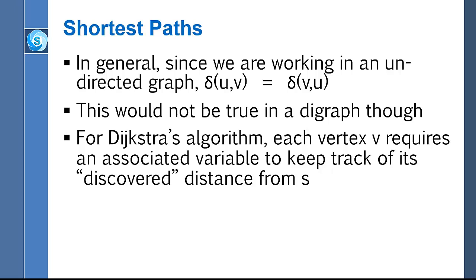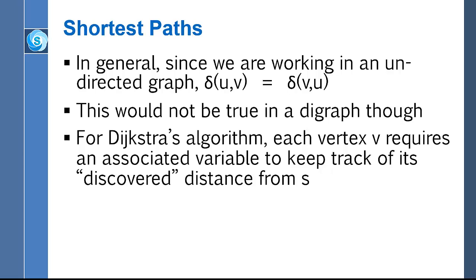Well, then we'll have a sense of a shortest path to get from S to v, but not necessarily the shortest path in the entire graph. It's only shortest among the paths that have been discovered so far. You'll see this as we go.